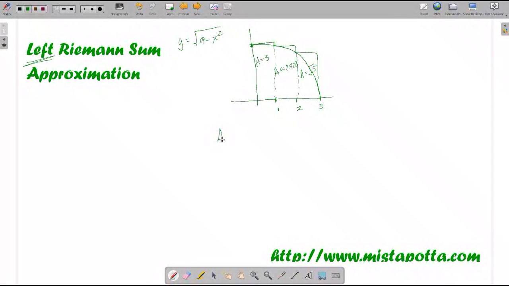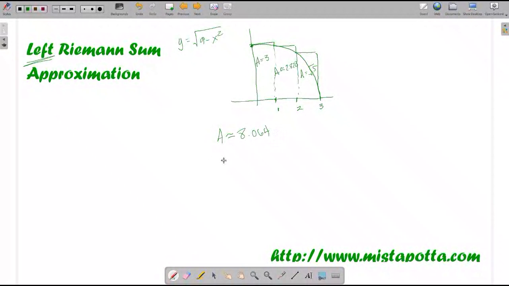And when I find out the total area under the curve using this left Riemann sum approximation, I end up with 8.064.